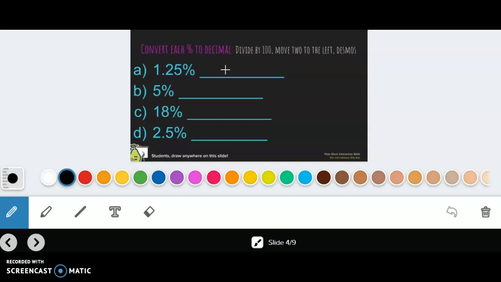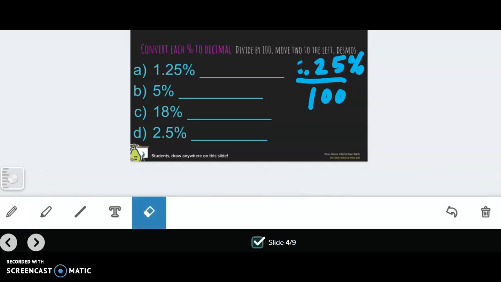So for example, you can take your 1.25% and you can divide it by 100. Okay, whatever you get is your decimal answer. Okay, that's one way.